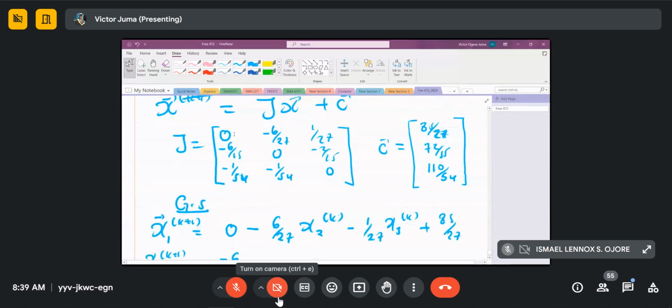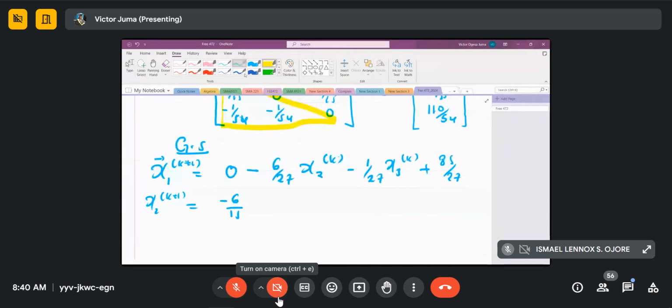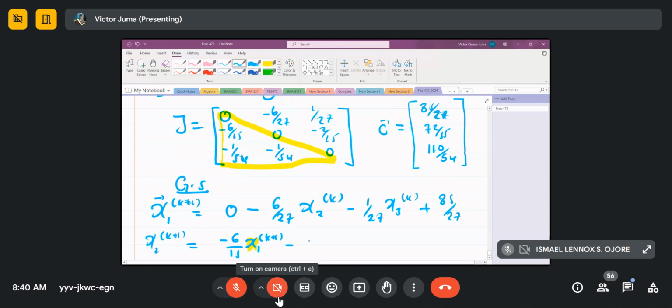Remember, when you have this matrix, just split it. Anything below the diagonal will take the latest values. So that's the L. So this is x1^(k+1), and then minus, that is 0, minus 2 over 15 x3^k plus 72 over 15.